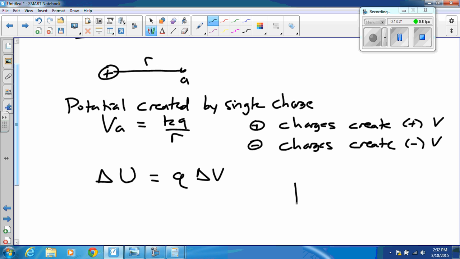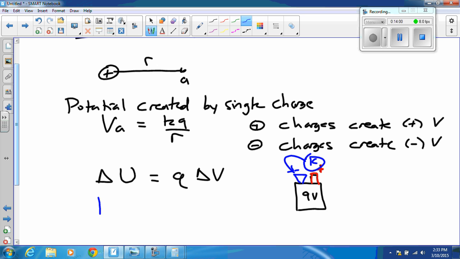So if I have a 9-volt battery with a plus side and a minus side, and I now place a coulomb of charge, which is a lot of charge, right here at the 9-volt thing, and I allow it to migrate over to the negative side, then it will lose 9 joules of potential energy in doing so.